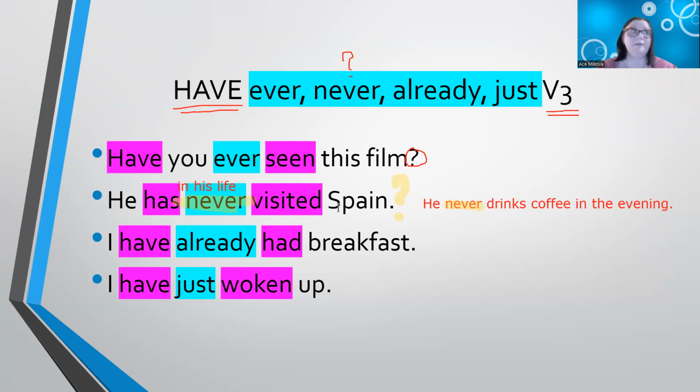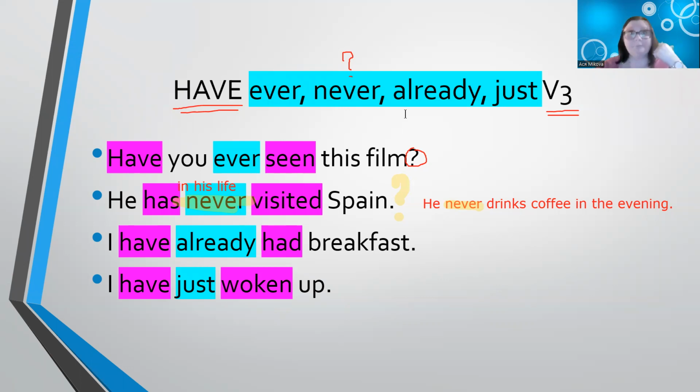But I never eat meat. I don't like it. I never eat meat. When we use never in present perfect, there is always this idea, never in my life. Never in present simple, it's usually.